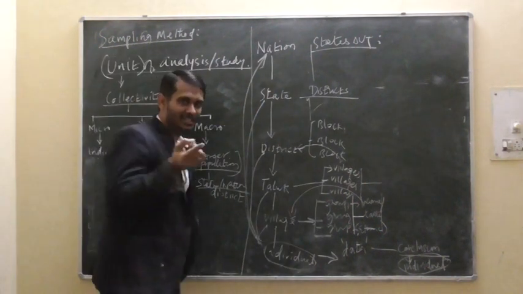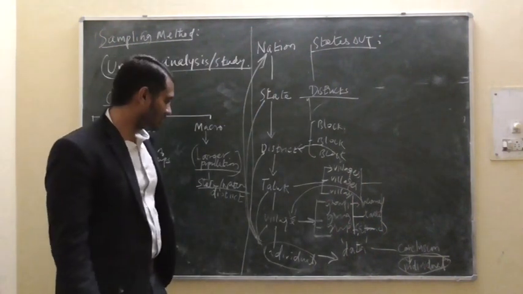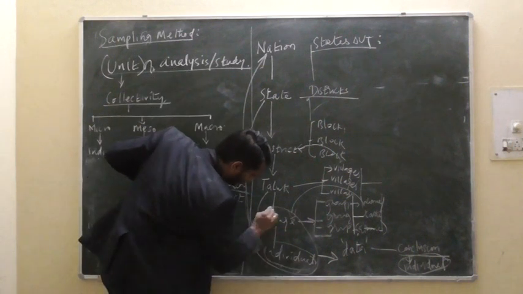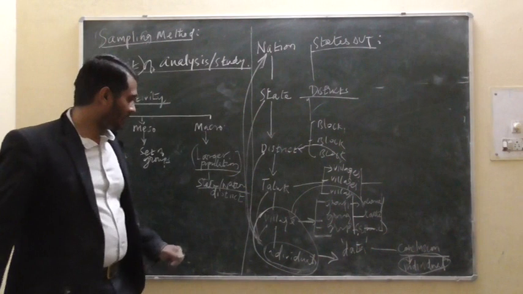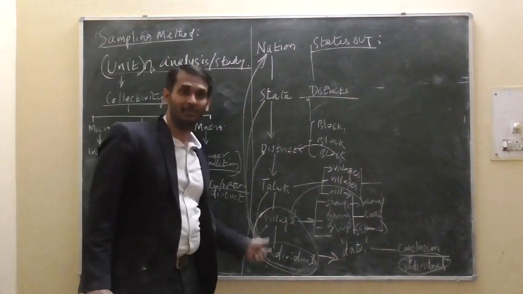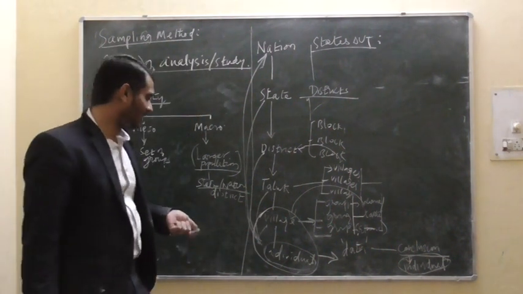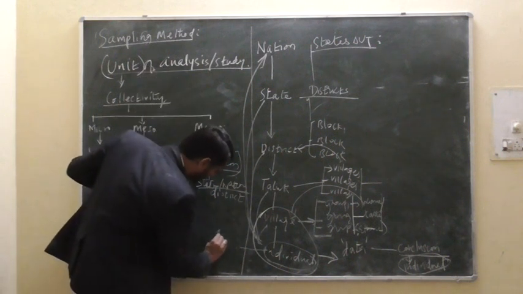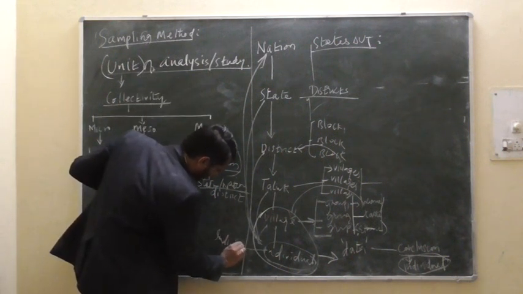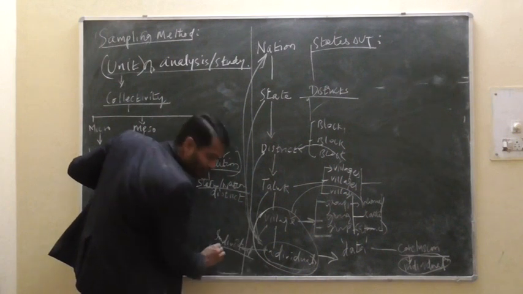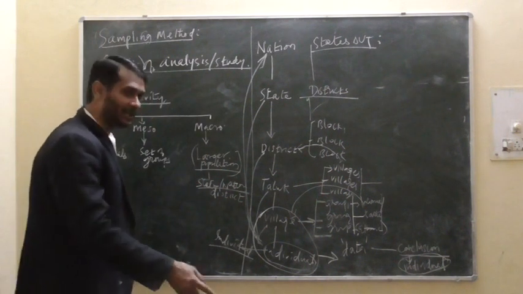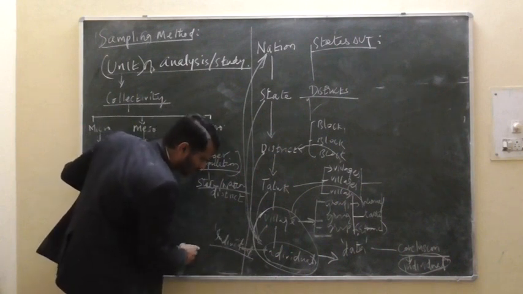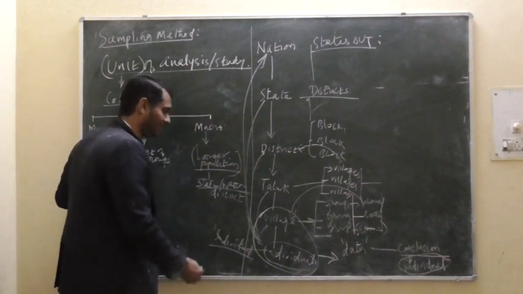Okay, so for instance, in all your projects, you are exactly looking at the village as well as the individual. But in most cases, what happens is that you are only trying to project the individual data. That means your study eventually concludes about the individuals, not about the villages, in most cases.